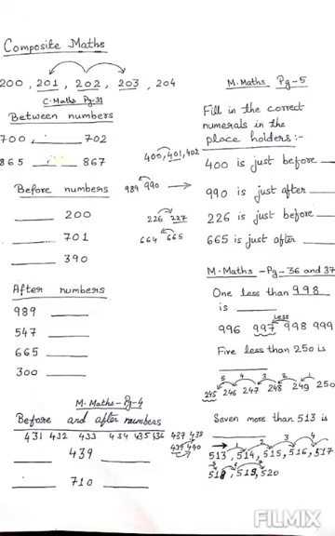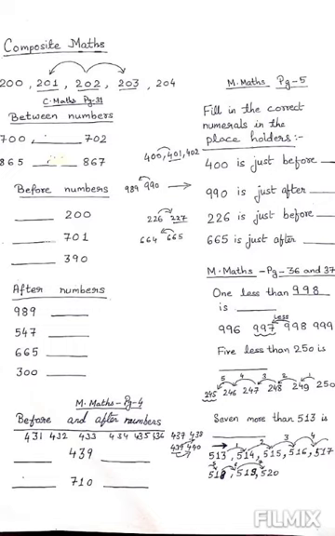Coming to before numbers. What number comes just before 200? Now you have to count backwards. So before 200, what will be the number? It will be 199. Coming to the next one, 701.